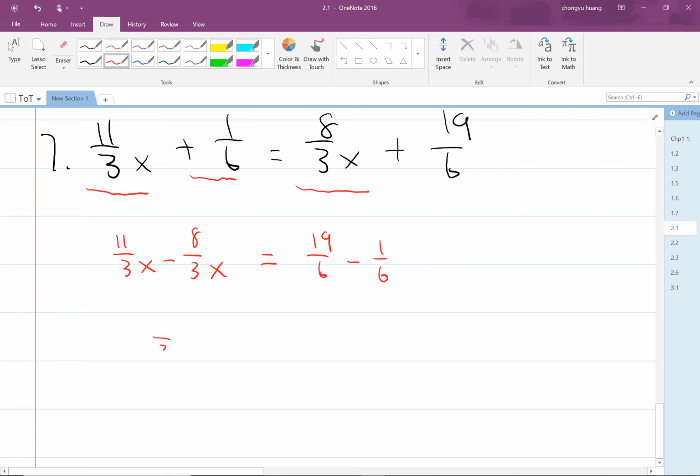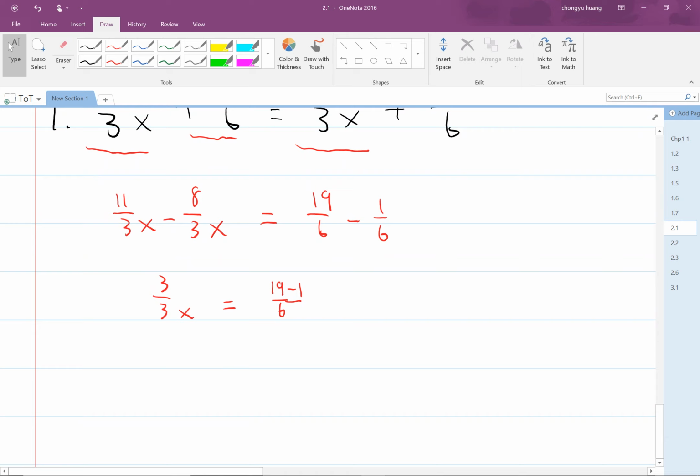So it's 11 over 3x minus 8 over 3x, so it's actually 11 minus 8, and 11 minus 8 is exactly 3. So 3 over 3x is equal to 19 over 6 minus 1 over 6, so it's actually 19 minus 1 over 6. And 19 minus 1 is actually 18.